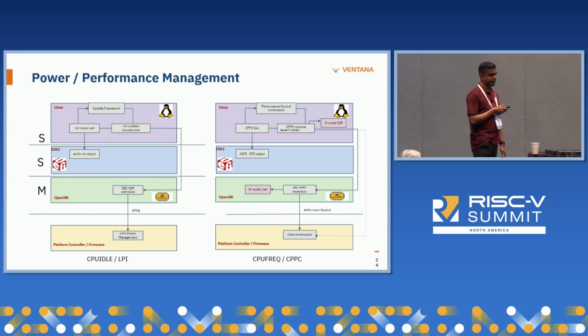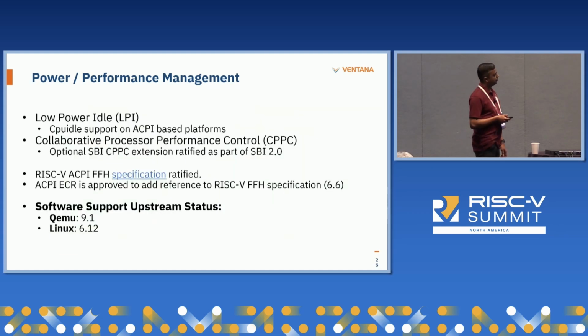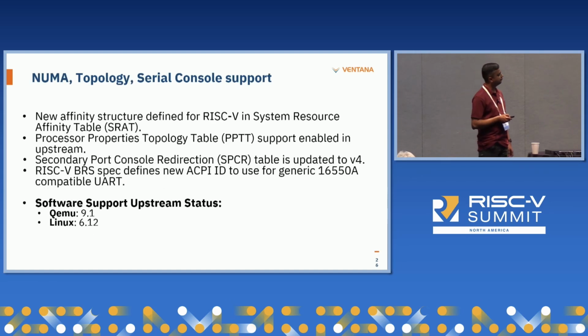So for that, we had to introduce the FFH specification, and it was ratified last year by RVI. So the FFH specification is ratified, and ACPI is also updated, approved, and again, it is all upstreamed as well.